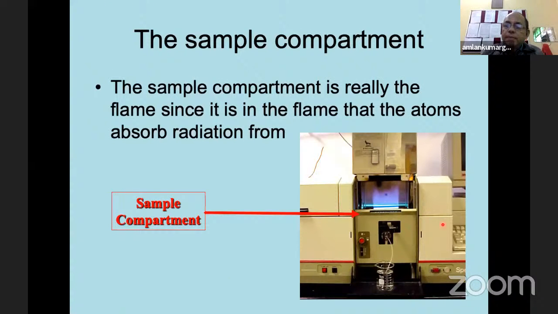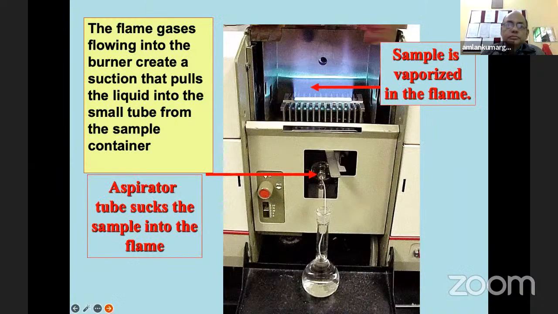So next is the sample compartment. The sample compartment is really the flame, since it is the flame that the atoms absorb radiation from. Here we have an instrument similar to that we use in a flame photometer. We have an atomizer, so the sample from here is vaporized into the flame.